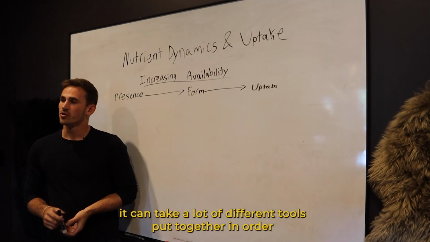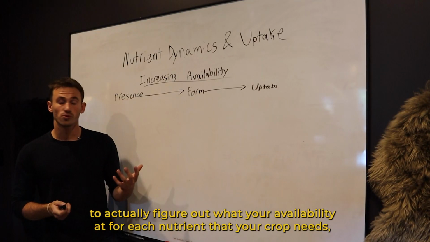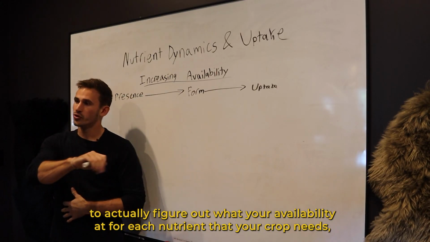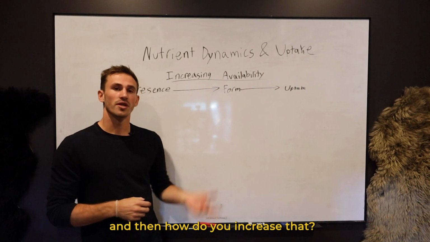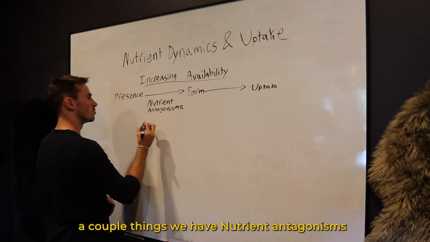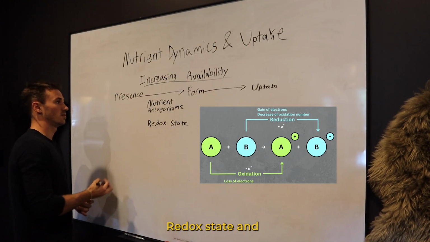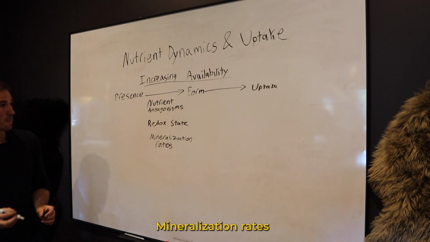Okay, so increasing availability is easy to say, but we have to measure it. It can take a lot of different tools put together in order to actually figure out what your availability is for each nutrient that your crop needs, and then how do you increase that? A couple things we have: nutrient antagonisms, redox state, and mineralization rates, right?